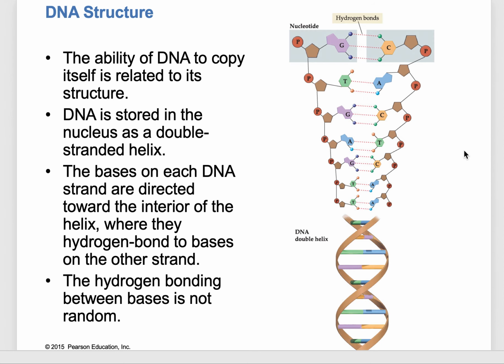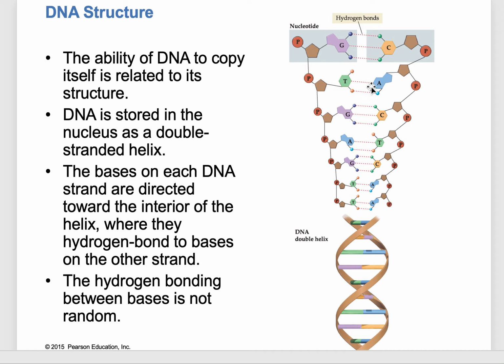Okay, now DNA is not just one single strand, a single polymer of nucleotides. It's actually composed of two strands in a twisted form known as the DNA double helix. And the way they twist is really cool.